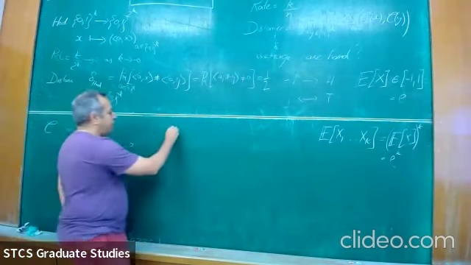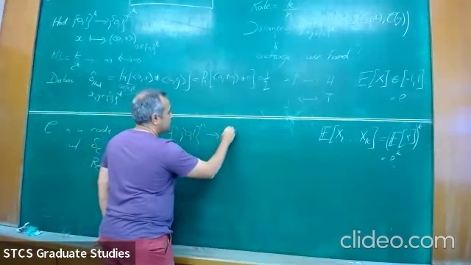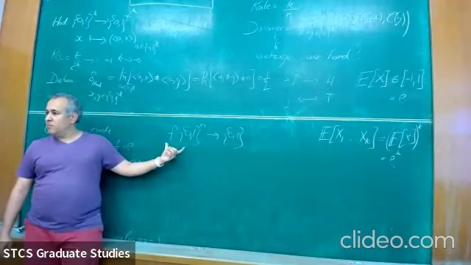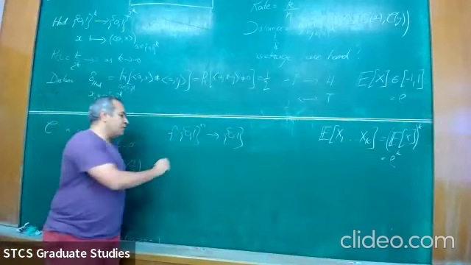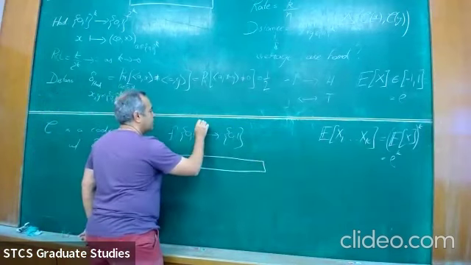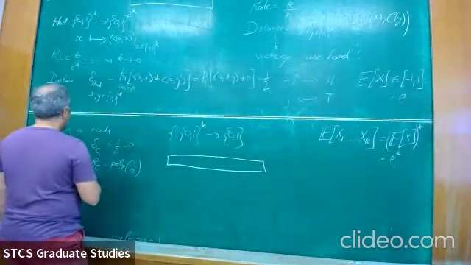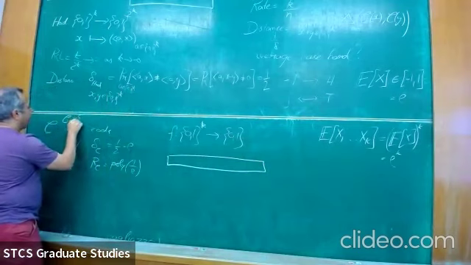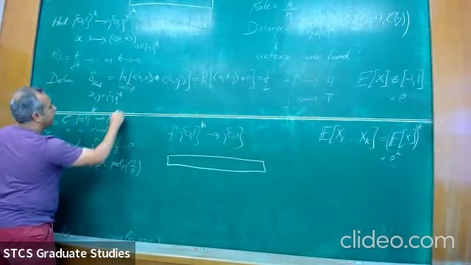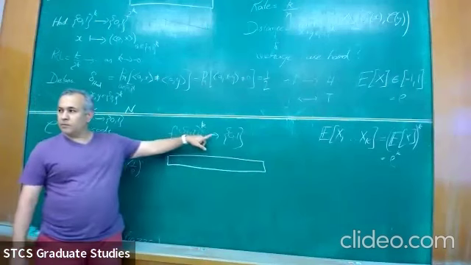Now let's take a function f from {0,1}^n to {0,1}. This was our worst case hard function. This code is from {0,1}^K to {0,1}^N, and this is small n.